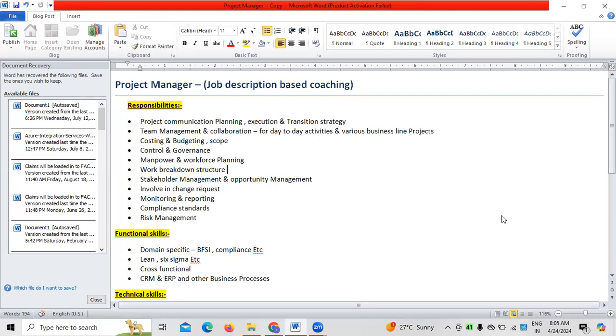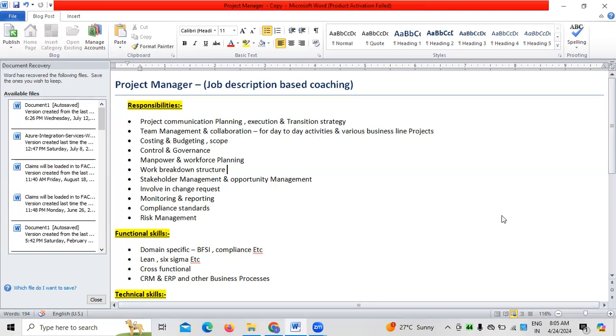Point number two, team management and collaboration, is also one of the key elements for any project manager, because to manage day-to-day activities, often different people are involved, either a technical team or functional teams. So it involves monitoring and managing day-to-day activities through collaboration and observation, for multiple projects and different project lines.